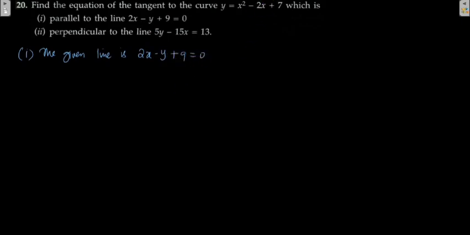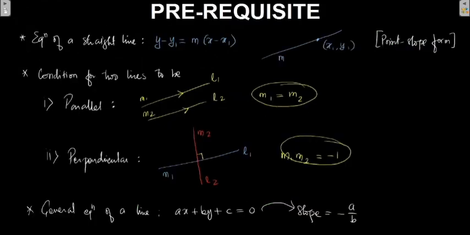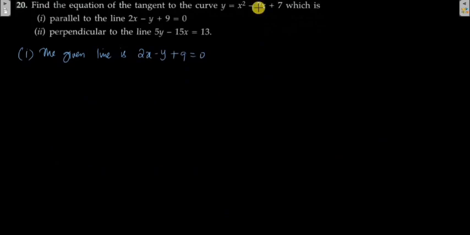Now if you remember from the prerequisites, for a general equation of a line ax plus by plus c equals to 0, slope is given by minus a by b. So I am going to find the slope here, and remember this 2 represents your a. Here you have minus 1, so remember it is minus 1. This represents your b, and this 9 represents your c.